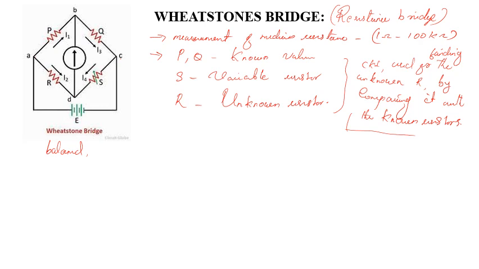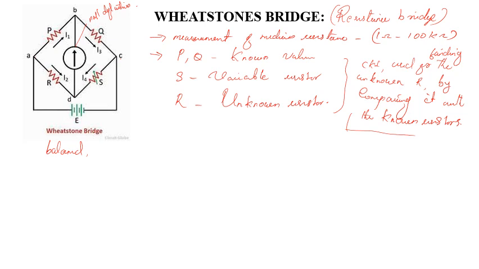Generally it works on the null deflection principle. So when the bridge is balanced, the voltage across the terminals AB and AD will be equal.